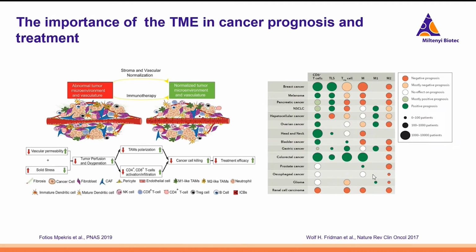In this cartoon illustration on the left, you observe a schematic of the proposed mechanism of action of normalization strategies of the TME to improve immunotherapy. Combined administration of immunotherapy with stroma and vascular normalization restores vascular functionality and alleviates solid tumor stress, leading to improved tumor perfusion and oxygenation.